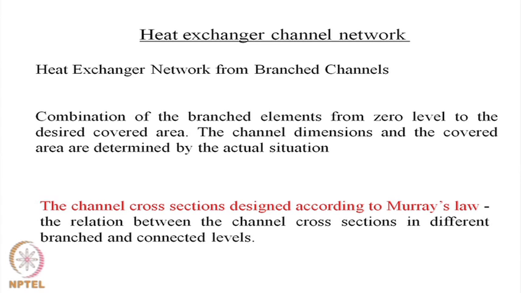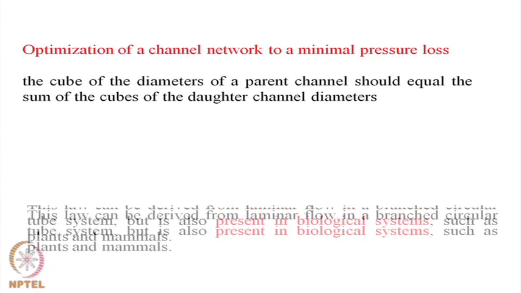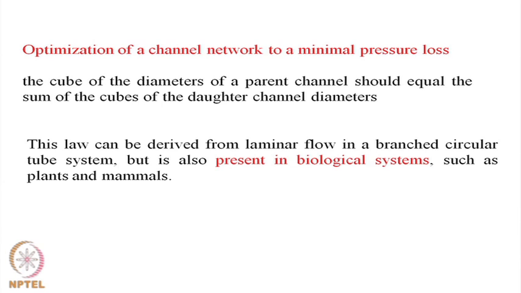The channel cross sections are going to follow Murray's law. Now, when we would like to optimize the channel network, we are going to follow whatever is present in biological systems, such as in you and me, and thereby obtain the channel dimensions.